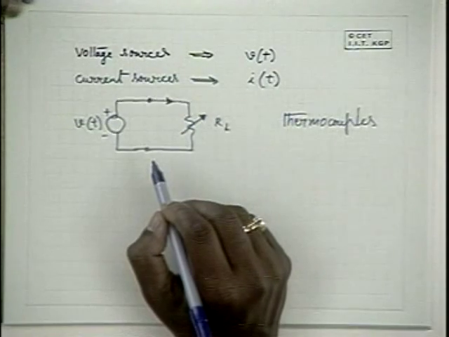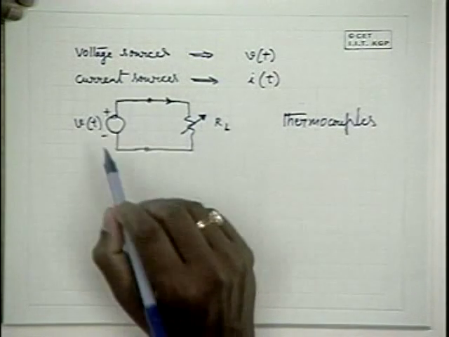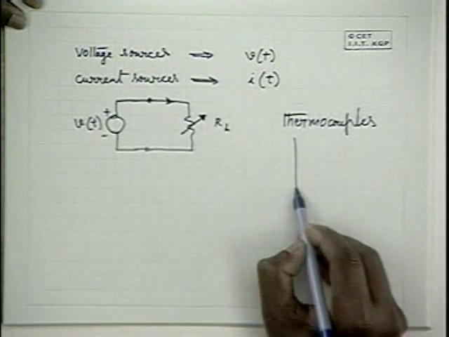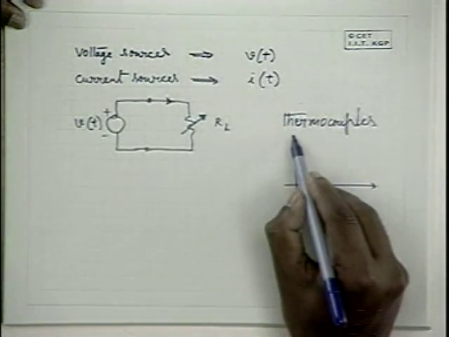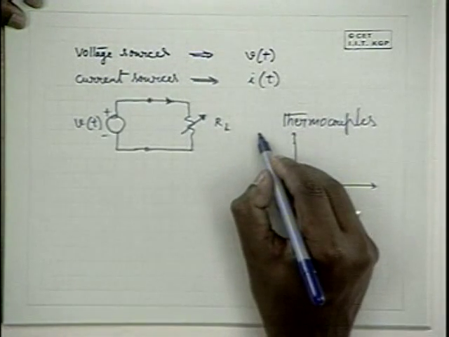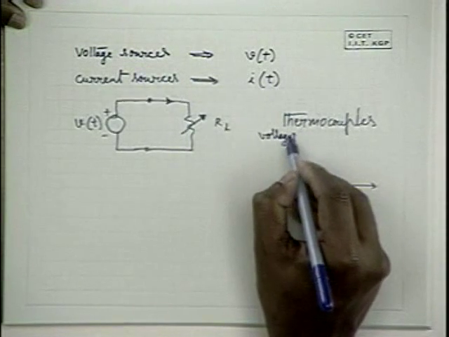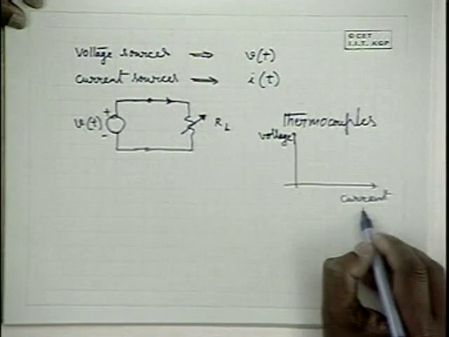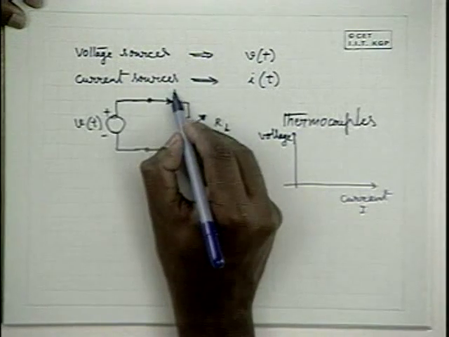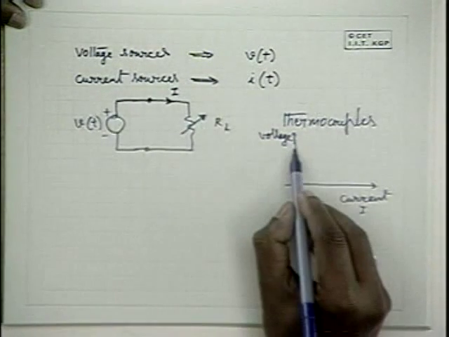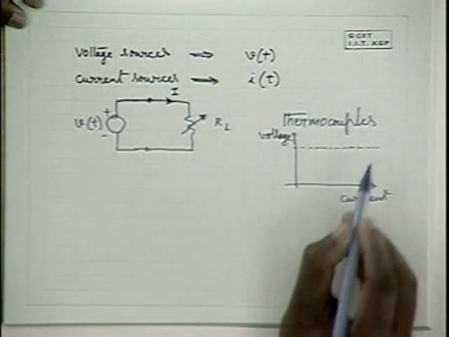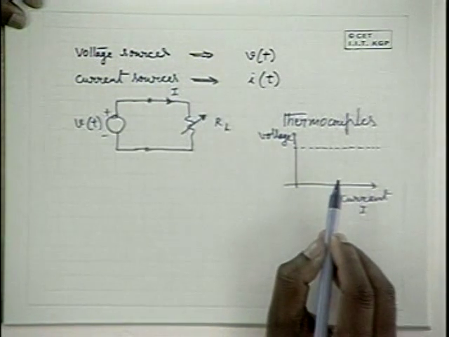But in practice, what happens to such voltage sources? Say I'm taking the example of a constant voltage source. This is the voltage of a voltage source and this is the current you draw through it. With current drawn, do you expect the voltage to remain at a constant level with practical sources?